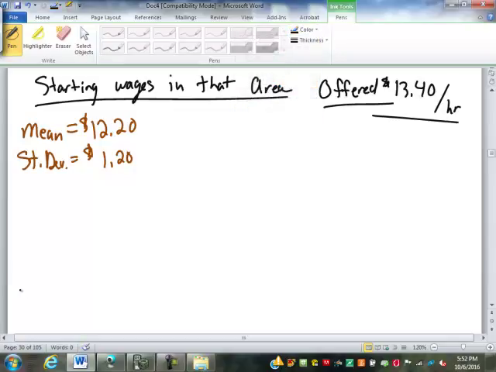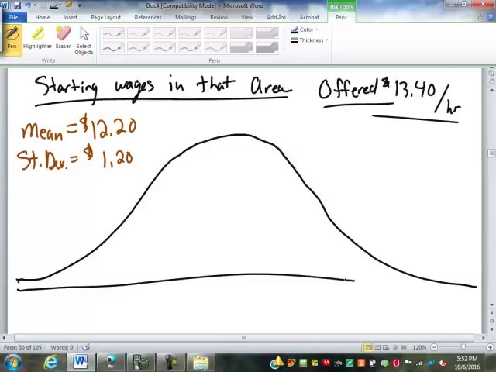So what does this mean? That means if we draw out our bell curve, the center of that curve is going to be what number? $12.20.